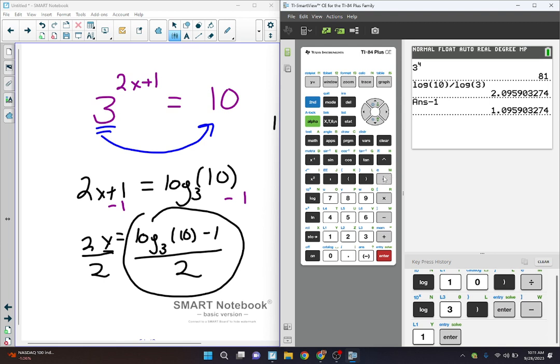I would do that first, just because you're going to deal with the decimal better. So I do then minus 1, then divided by 2. I do it piecewise. You could technically type it all at once, but that causes errors because if you type it wrong in any way, like if you didn't put everything in parentheses, it will cause a problem. Right. So the answer is like 0.55.